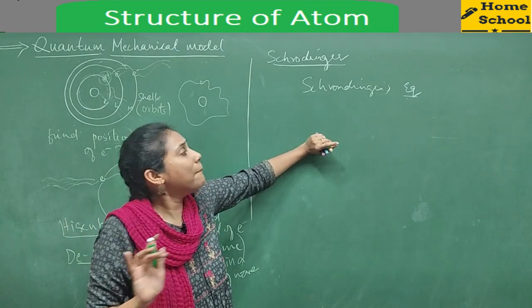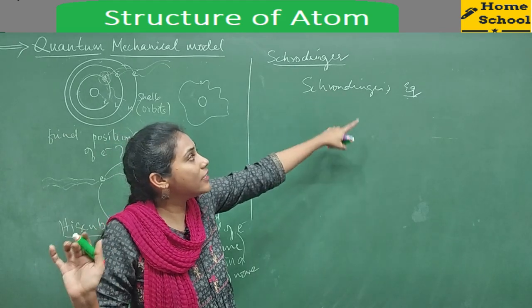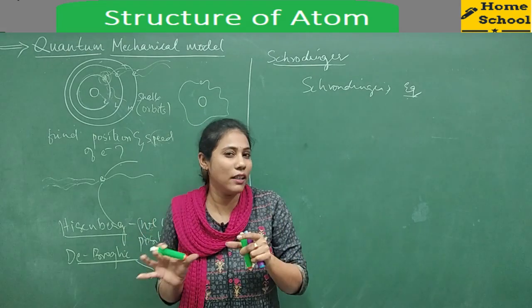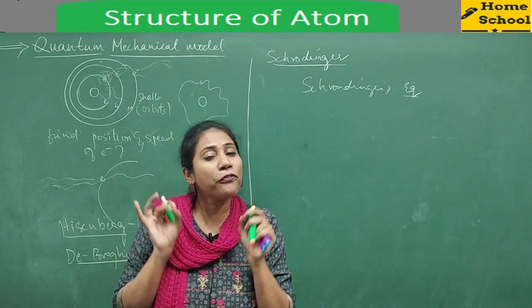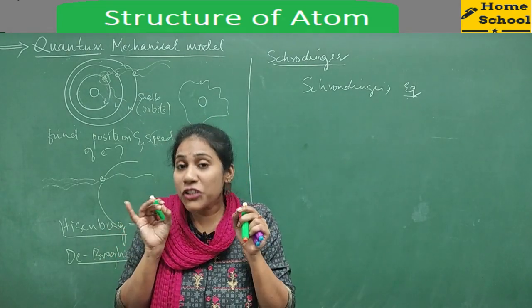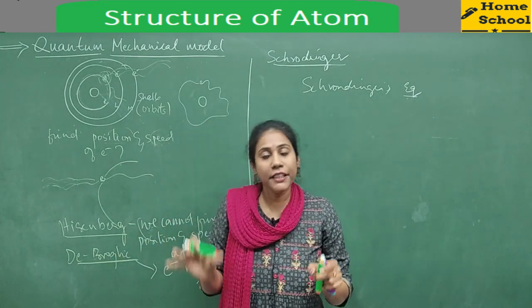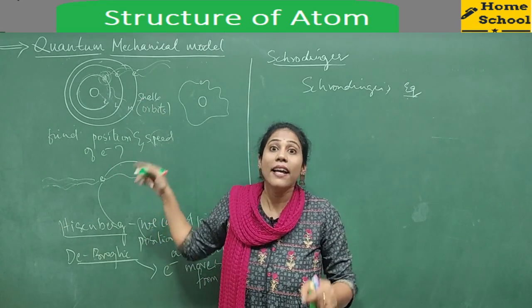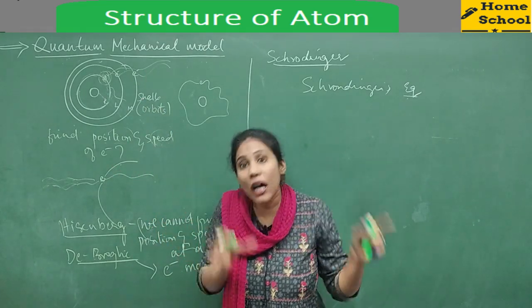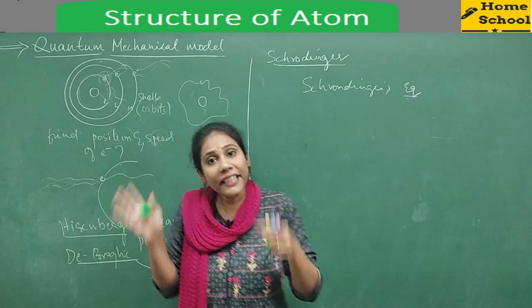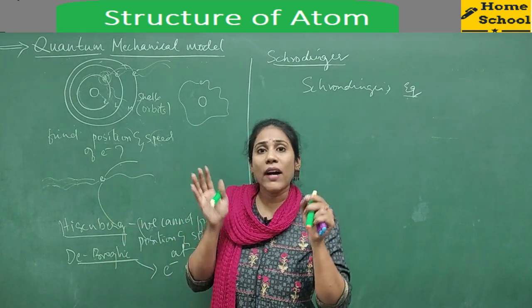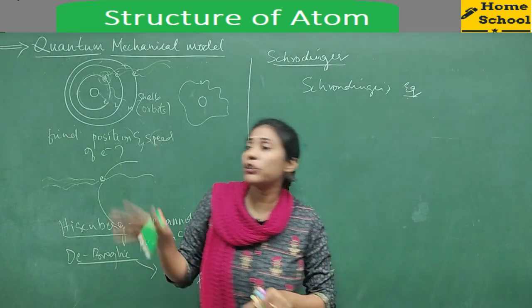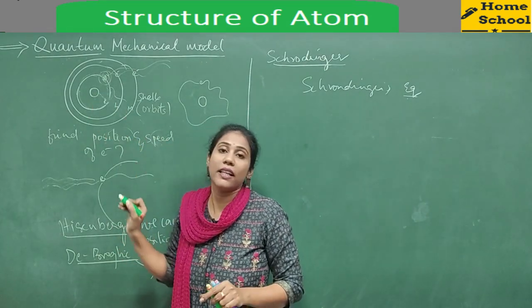By solving Schrödinger's equation, he got some terms. With the help of those terms, he could give the entire information about the electron's location, and how the electron revolves around the nucleus. If you take one atom, you will have many electrons, so how are all these electrons moving around the nucleus?